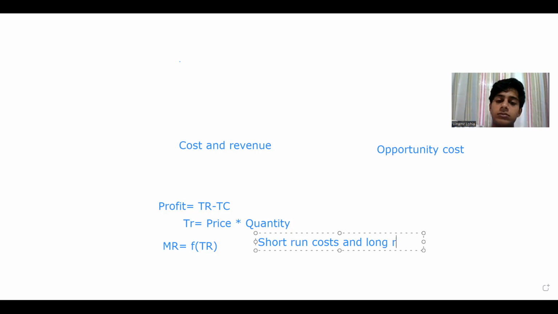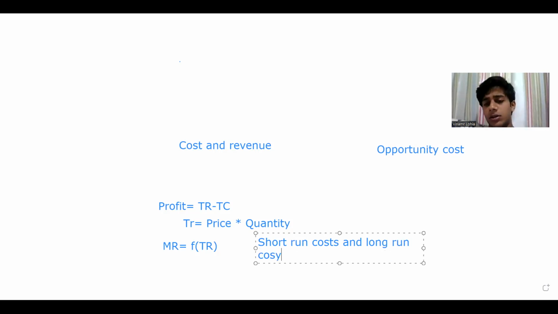Can you give me some examples of short run costs and long run costs? We'll need to think about it. Okay, one second. I'll just refer to the definition one more time and try.